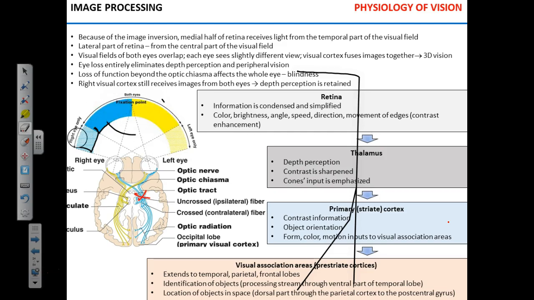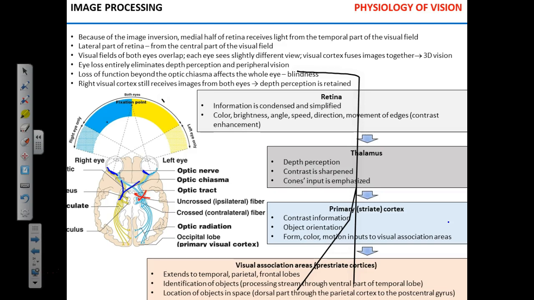Essentially those yellow fibers from both eyes will reach the hemisphere. That makes sense? Which means there's going to be some overlap of the visual fields. Some, not complete, but some. And that overlap will provide the degree of depth perception.